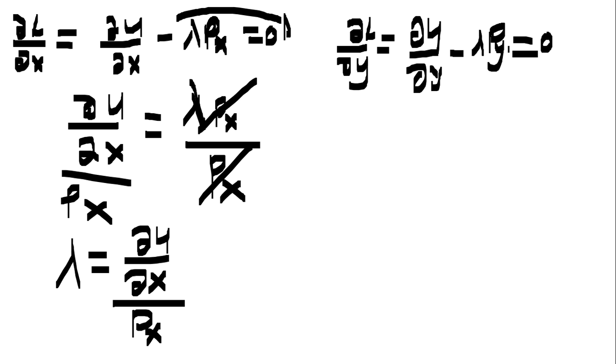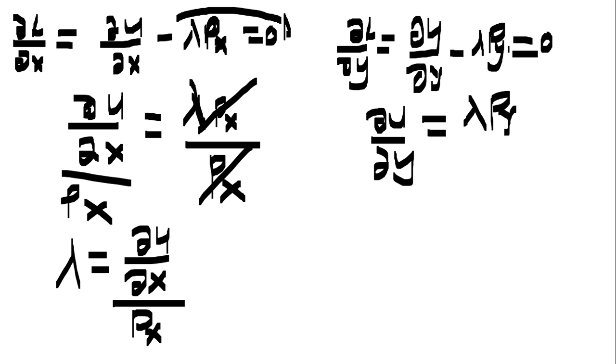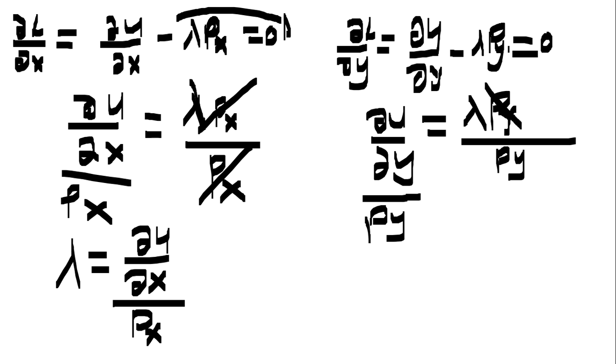To make lambda the subject, we take the term lambda py to the other side. So change in u per change in y must equal lambda times py. Now to make lambda the subject, we divide by py on both sides, so that we can cancel.